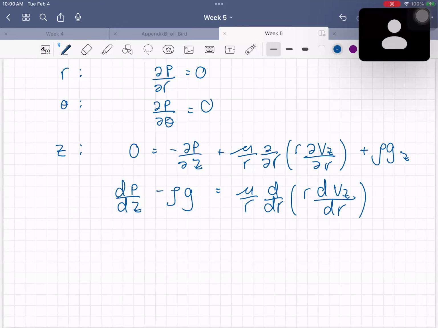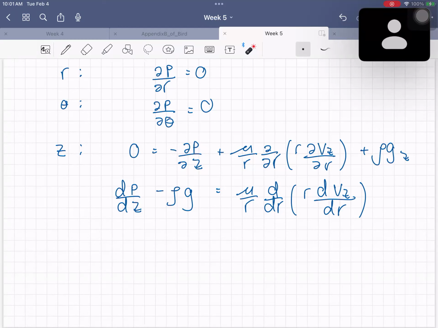what you're observing right here is that not only did I rearrange the equation, but I also changed it from partial derivative to total derivative, okay? dP by dZ is pressure. It means that pressure changes only in Z direction, but it doesn't change in R or theta, okay?